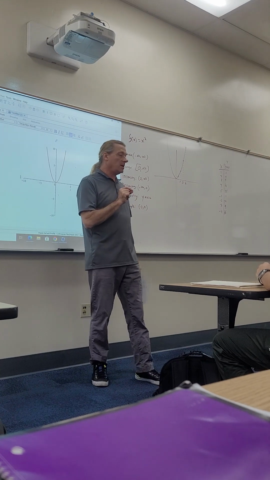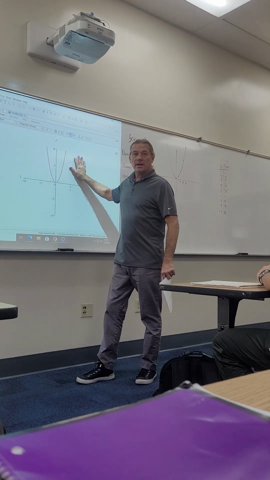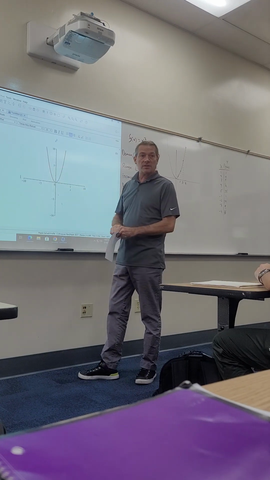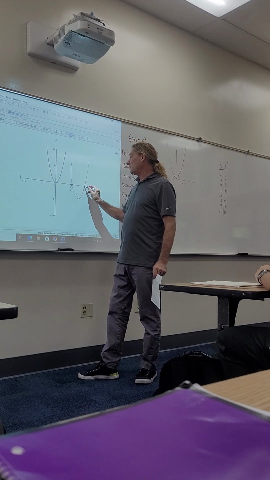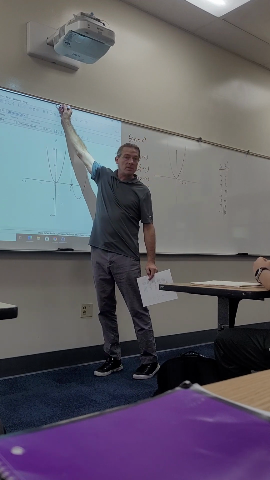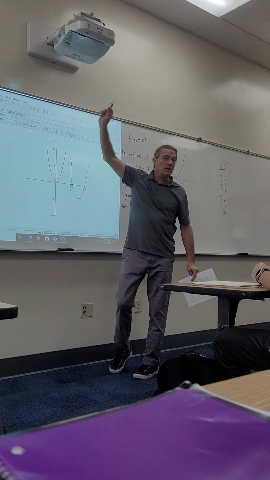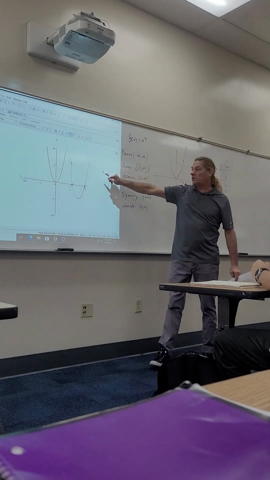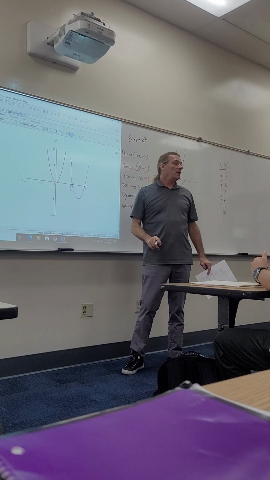That's important to understand. The parent function, because if I move this around, it's no longer going to have the same intercepts. If I just randomly draw one like this, it would have different x-intercepts, and the y-intercept would be way up here somewhere. So it would have 2 x-intercepts and 1 y-intercept, and it would be crazy.